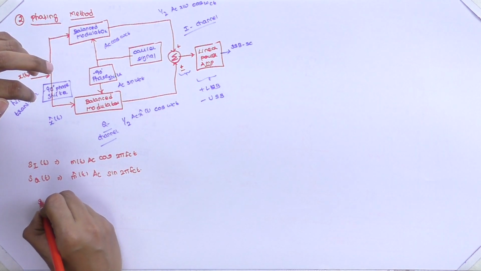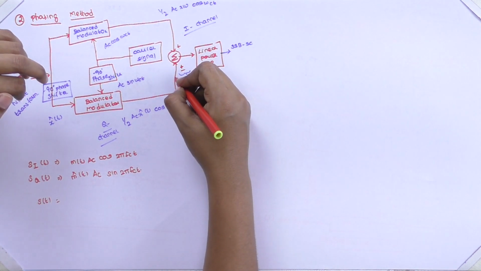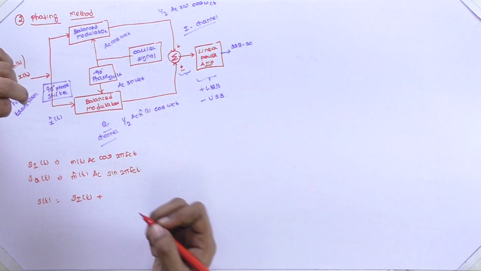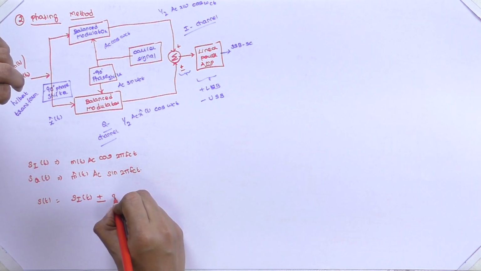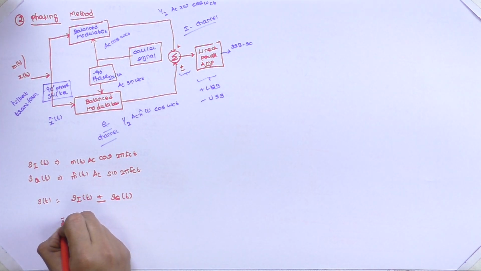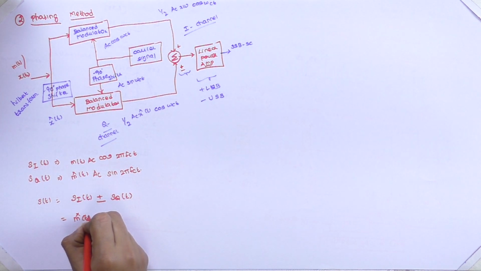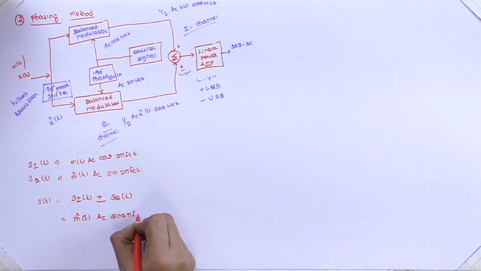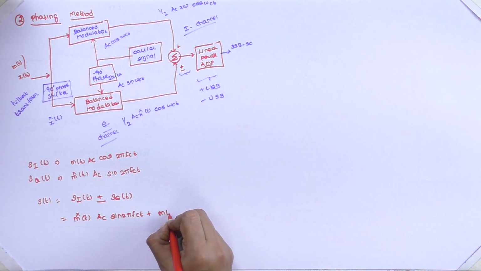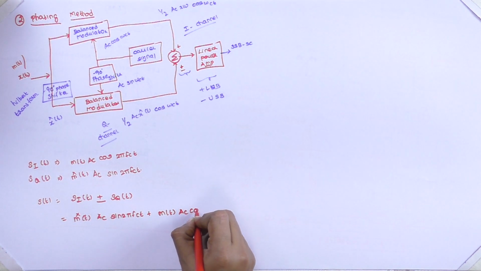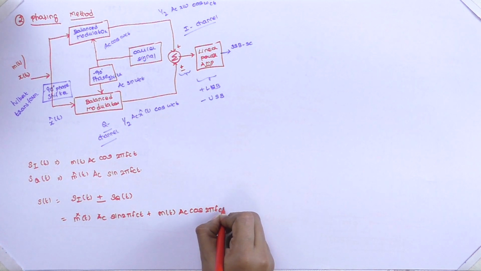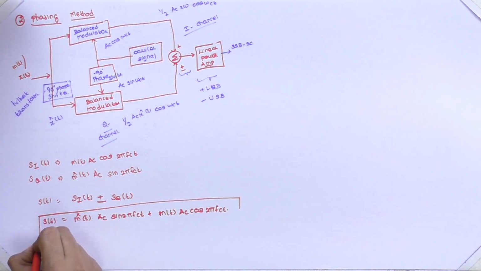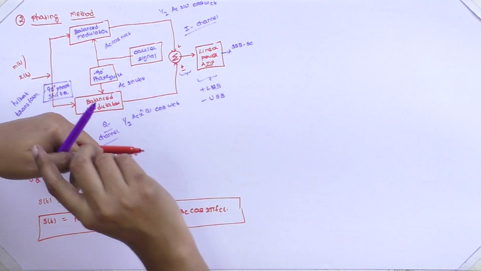The output S of t will be the summer output, we have used the summer here, therefore SI of t plus for lower sideband and minus for upper sideband, then SQ of t gives m cap of t Ac sin 2 pi fct plus m of t Ac cos 2 pi fct. This is our output for the phasing method.